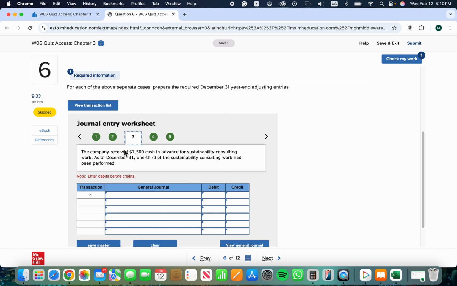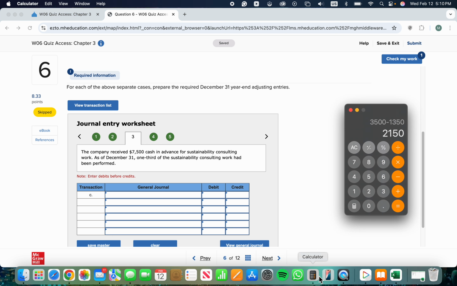But if you ever get a number where you're not 100% sure, a good way to do it in your calculator is to just input it in there, and that'll give you a decimal version of that, and then you can just times that by whatever number you have. In this case, it is 7,500, which gives us 2,500.